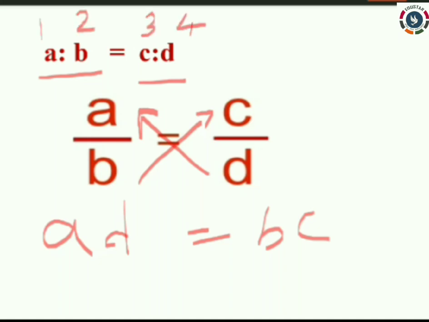So you will get the answer as AD and BC, right? Here A and D, the first and fourth terms, are extremes, and B and C are the middle terms. The product of extremes is equal to the product of means.